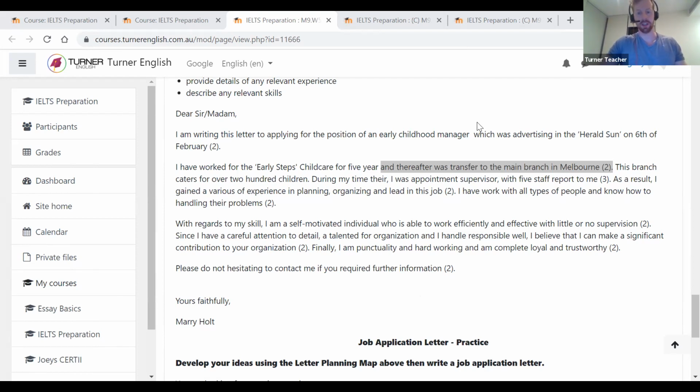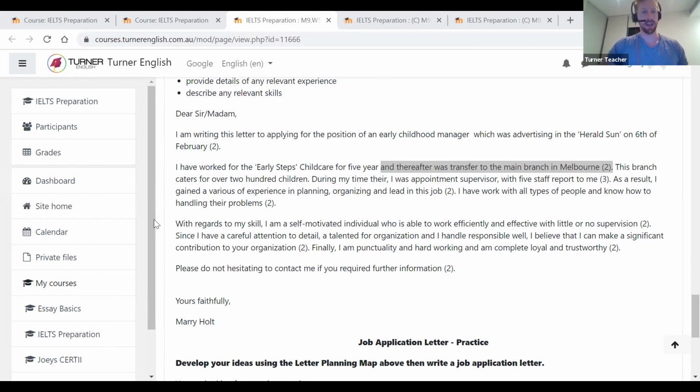So what changes? Thereafter is okay, but it's something else. So later. So 2 more words down. Transferred, ED. Yeah, transferred. Oh, you put down, okay, yeah, that's fine.